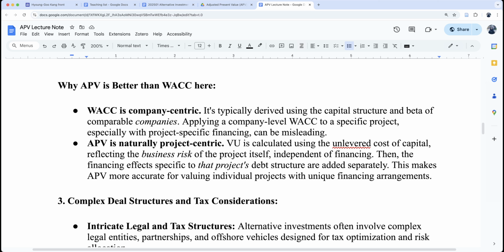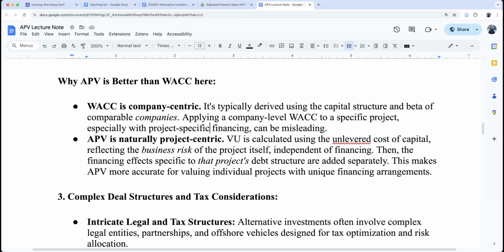So in a company, because of organizational dynamics, WACC is often a single company-wide WACC. It is not right. It is typically derived using the capital structure and beta of a comparable company, the entire company. Applying a company level WACC to a specific project, especially with project specific financing, can be very misleading.